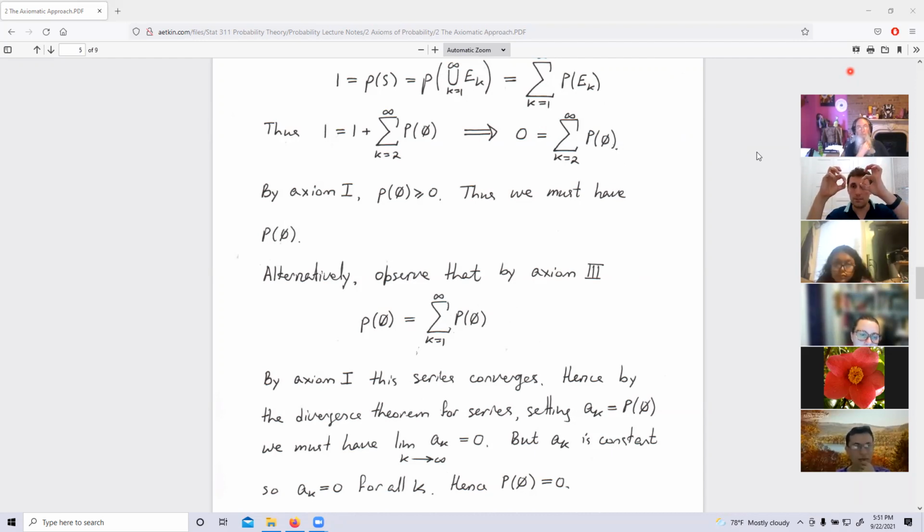Do you agree? Because if you intersect emptiness with emptiness, you don't find an event in S. You don't find anything common. There is no common event in S that's in this empty set and in this empty set. Yes? So they are disjoint. Do you agree?